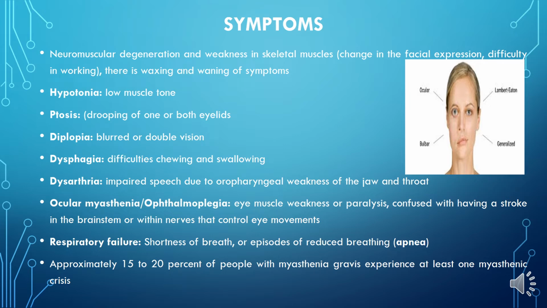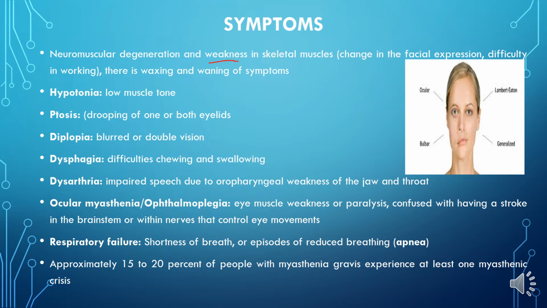Neuromuscular degeneration, that is degeneration in the junction of the nerve and the muscle tissue, due to improper signaling causes weakness in the muscle cell. This weakness of the muscle is manifested mostly in the head and the facial features.